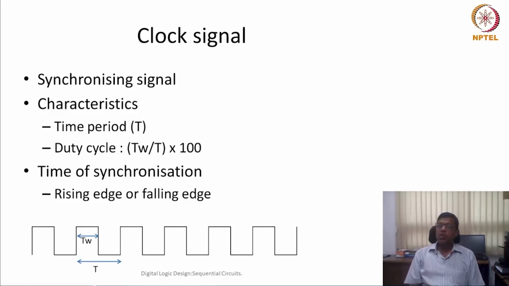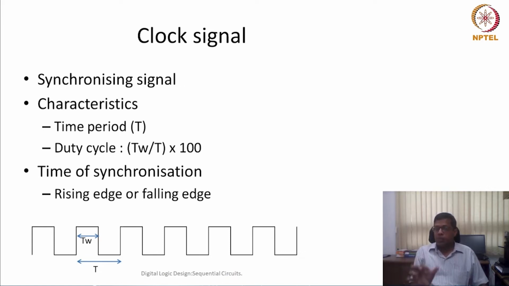So this synchronizing signal, the clock, is essentially the basis of synchronous sequential circuits. Now, why is it important? Because many a time we would like to divide our work into smaller steps.